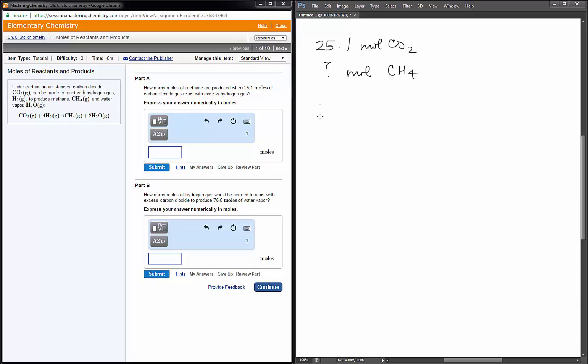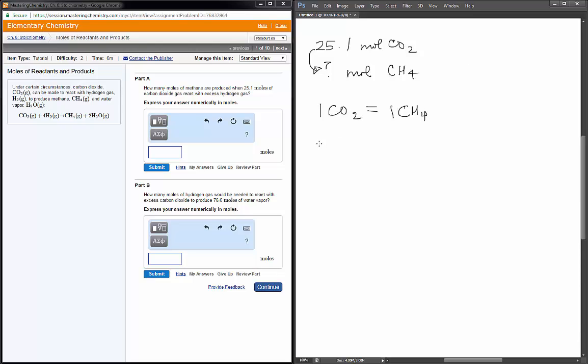It appears to me, according to this equation as written, that 1 CO2 is equal to 1 CH4. For the purposes of this equation only, those two things are equivalent, because if I've got one of these, I can make one of those.